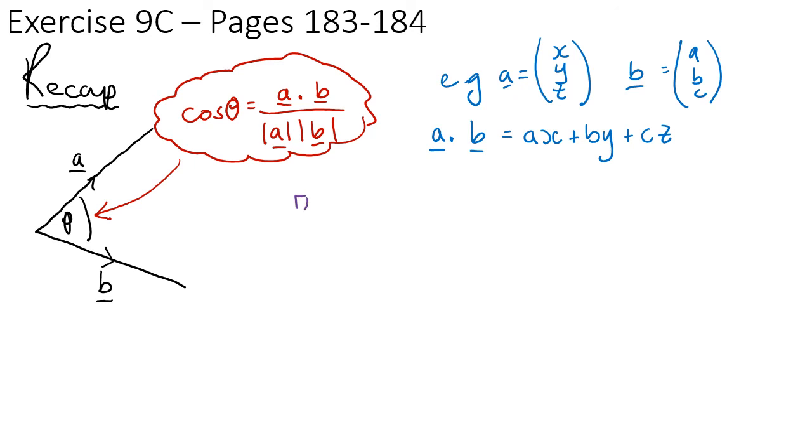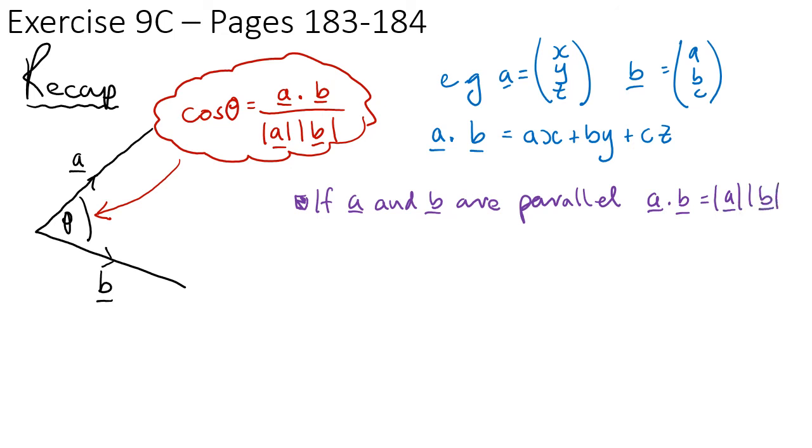One of them was that if vectors A and B are parallel, then the dot product of the vectors is just equal to the product of the lengths of the vectors. And an extra rule that goes with that is that if you're doing A dot A you'll just get the length of A squared.